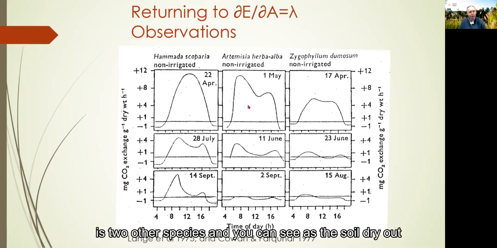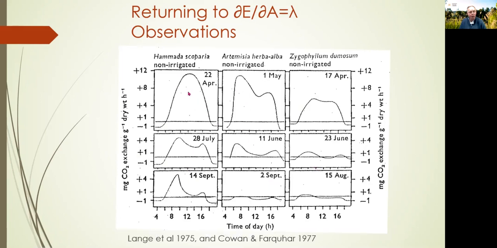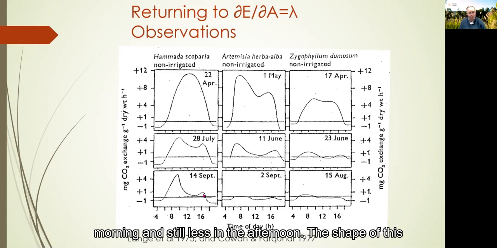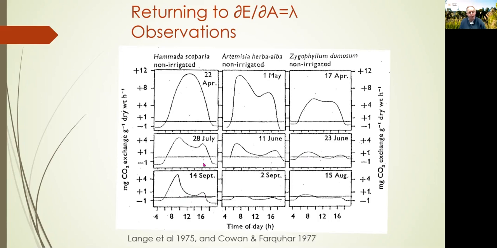Here are two other species, and you can see as the soil dries out, there develops a midday depression, and eventually almost no exchange, with a slight amount of photosynthesis in the morning and still less in the afternoon. The shape of this curve obviously reflects the leaf to air vapor pressure difference, as well as the time course of sunlight.